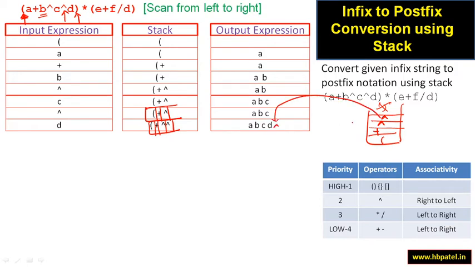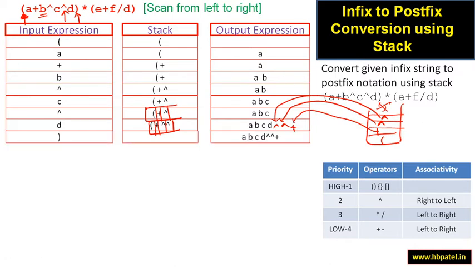So the raised to, then the second raised to, then the third, that plus. So raised to, raised to, plus. And then the whole stack is empty, because this nullifies the effect of the previous bracket. So this is how the first part is evaluated.